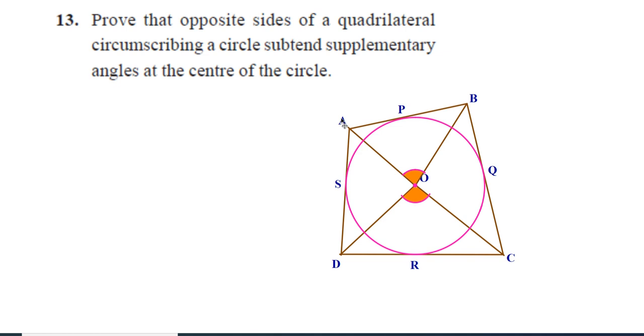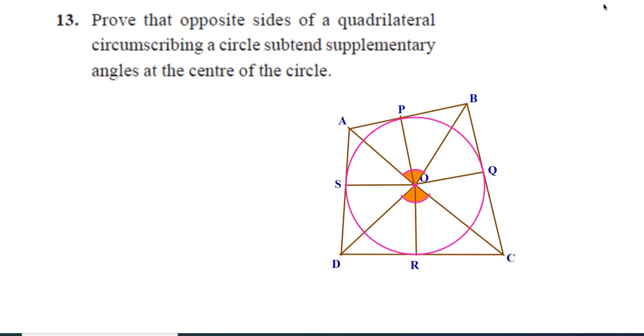First you prove angle AOB plus angle COD is equal to 180 degrees. Following the same steps, you can write similarly angle BOC plus angle AOD is equal to 180 degrees. Now how will you prove these two angles are supplementary, or the sum of these two angles is equal to 180 degrees? For that you have to join OP, OQ, OR and OS.